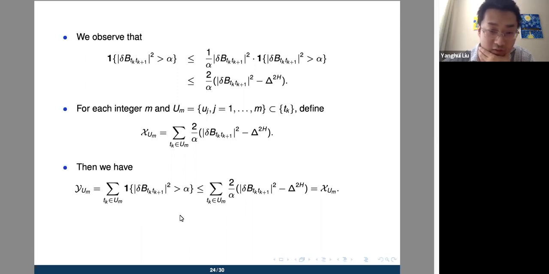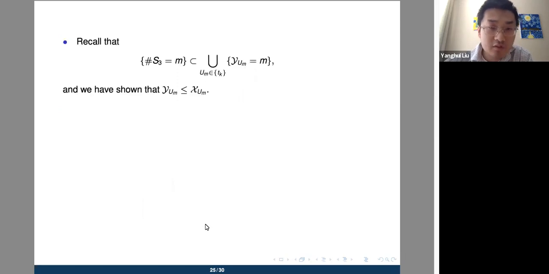So we get Y_Um less than or equal to X_Um, and X_Um is in the second chaos. All right. So far we have got the inclusion, and we have got the inequality Y less than X.